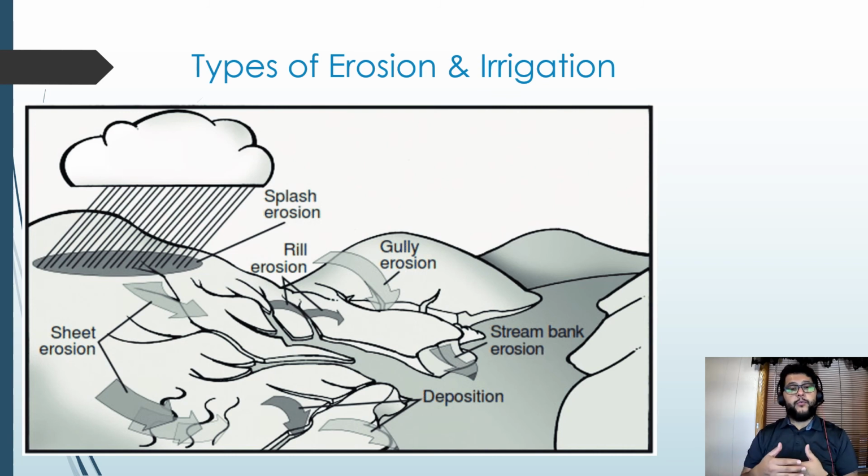That's where those get really big. Then you can also have stream bank erosion, where if you've got a stream or a river and there's not enough trees or roots holding down that edge, that bank will just fall in anytime there's water added to that area. So those are different types of ways you can have erosion. And again, these can all be exacerbated or made worse with irrigation practices.